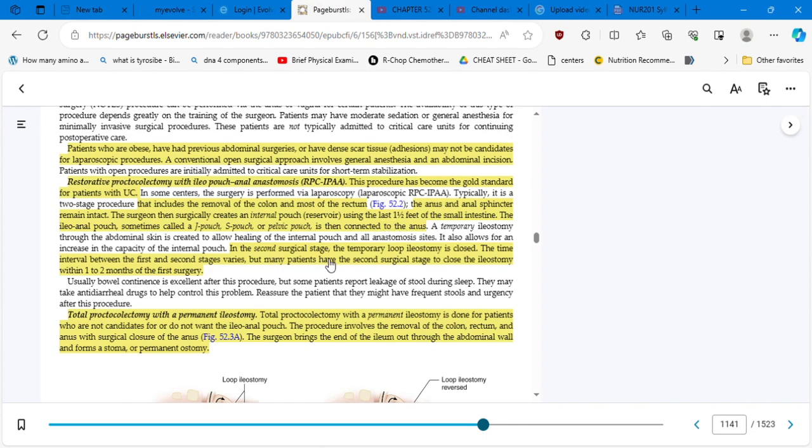In the second surgical stage, don't panic because we're going to see the pictures that are coming, okay? In the second surgical stage, the temporary loop ileostomy is closed. The time interval between the first and second stages varies, but many patients have the second surgical stage to close the ileostomy within 1 to 2 months after the first surgery.